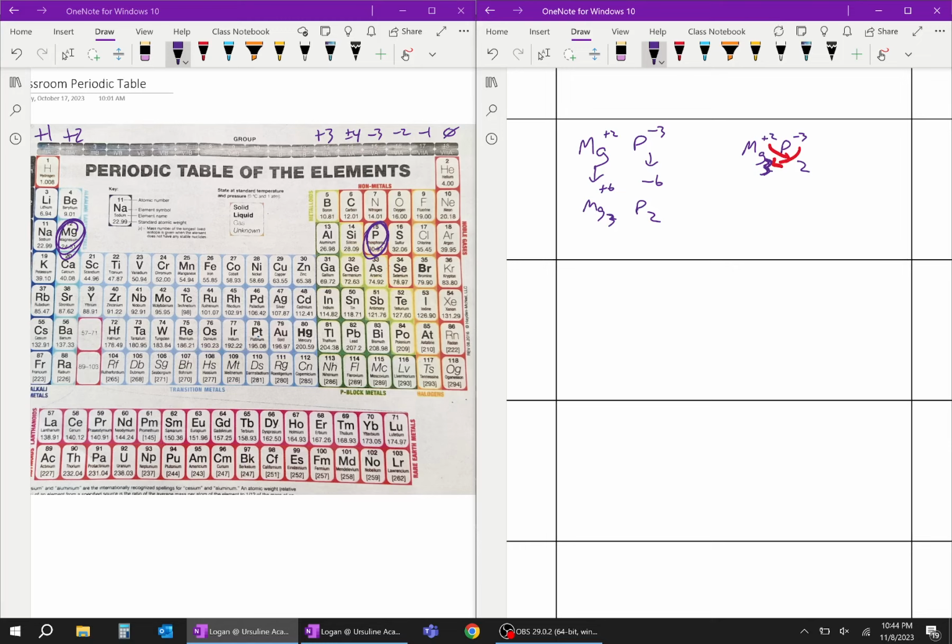Now, the downside of using the crisscross method is you might need to simplify. The formula unit must be the lowest ratio.